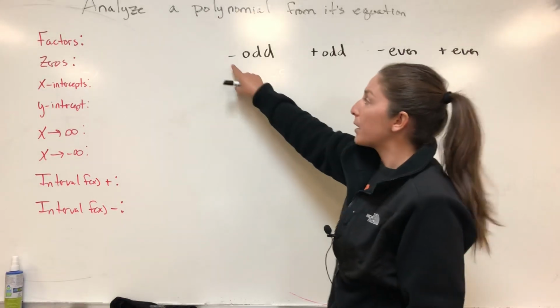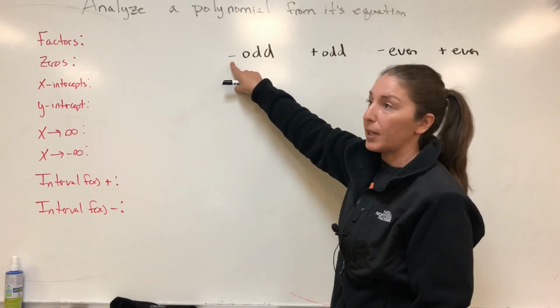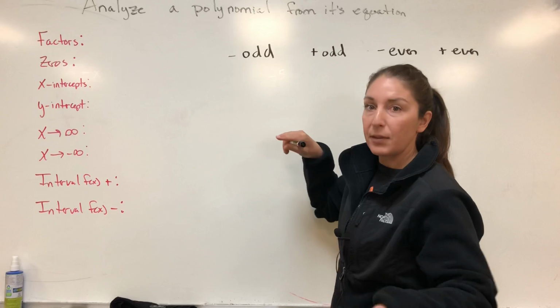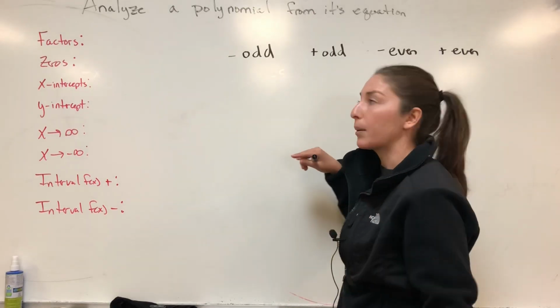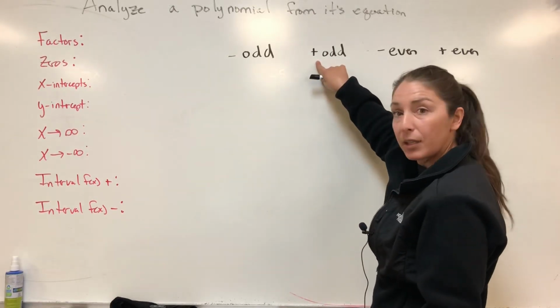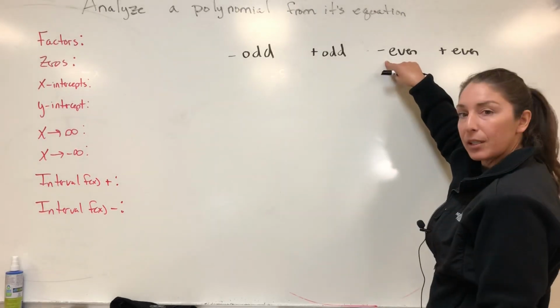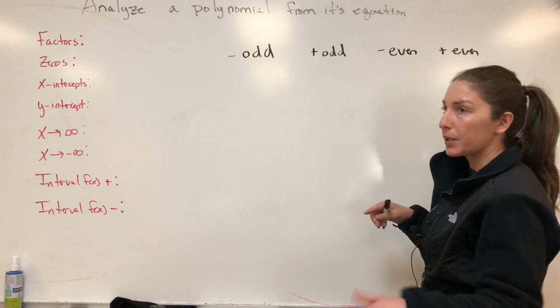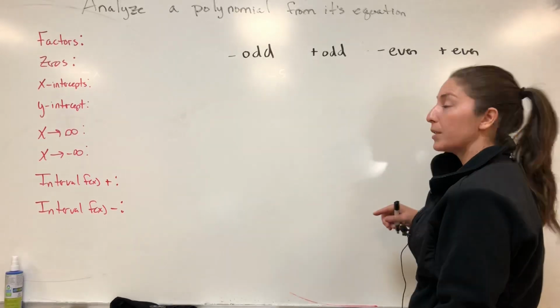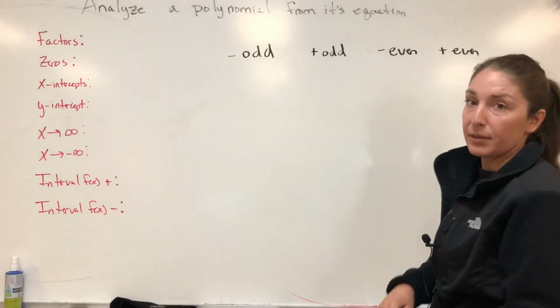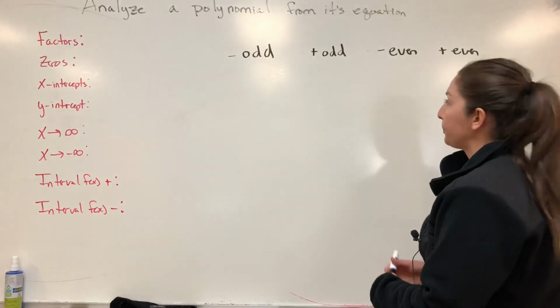So this means the leading coefficient of the polynomial is negative and the largest power is odd. Think x to the fifth, x to the seventh, x to the ninth, an odd power. Same thing, positive leading coefficient, but still odd power. Negative leading coefficient, but an even power. Think 2, 4, 6, 8, 10, 12, whatever. They all do the same thing. And a positive even, so positive coefficient.